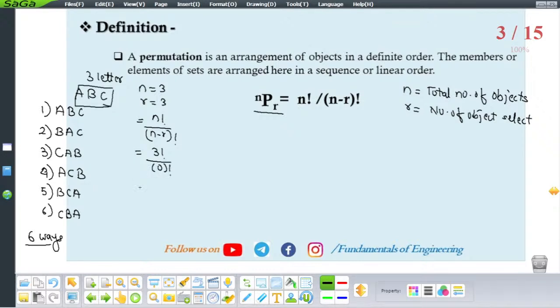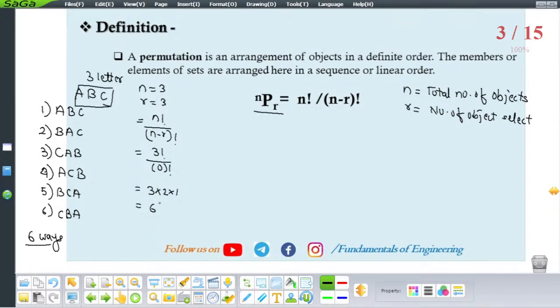The value of 0 factorial is 1. We are going to discuss the different factorial values later on, but remember that 0 factorial is 1. So 3 factorial is 3 into 2 into 1; 3 into 2 is 6, into 1 is 6. So we get the 6 ways.